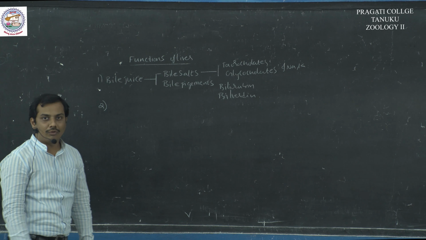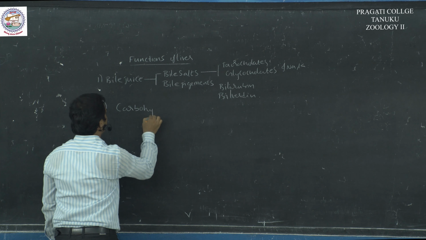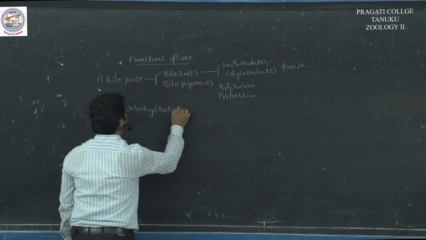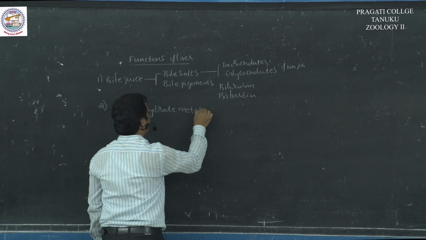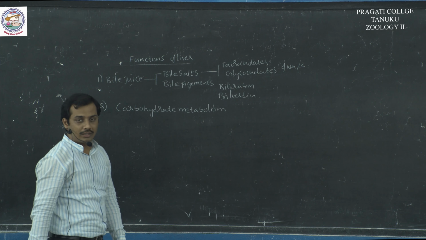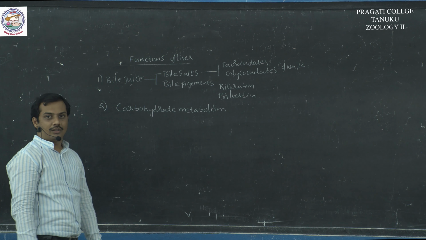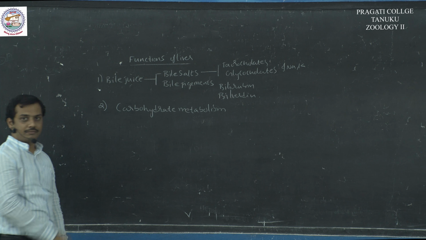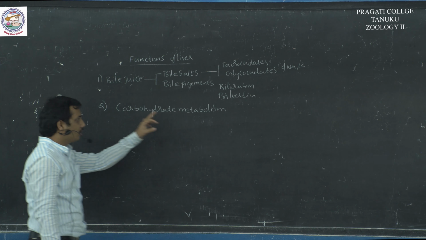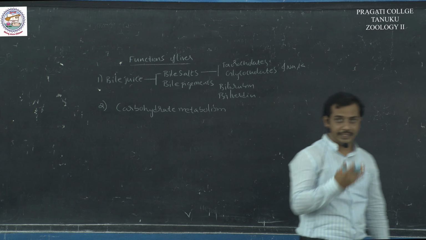Liver is involved in carbohydrate metabolism, like glycogenesis, gluconeogenesis, lipogenesis, synthesis of glucose, and breakdown of glucose.